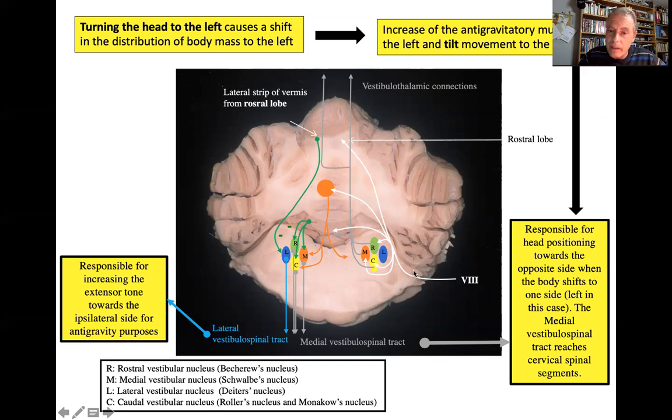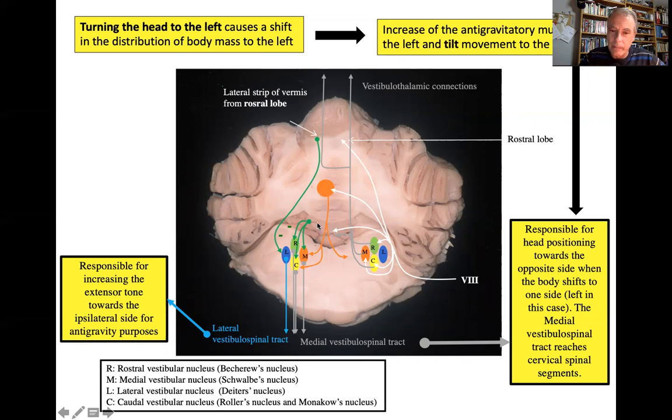Also, there are fibers that bypass these vestibular nuclei and end in the flocculonodular lobe, in the fastigial nucleus, and in the rostral lobe of the cerebellum. Okay? Here I represent the fastigial nucleus projecting to nuclei of the brainstem, ipsilateral and contralateral.